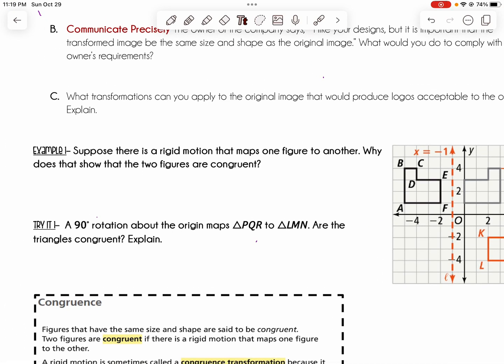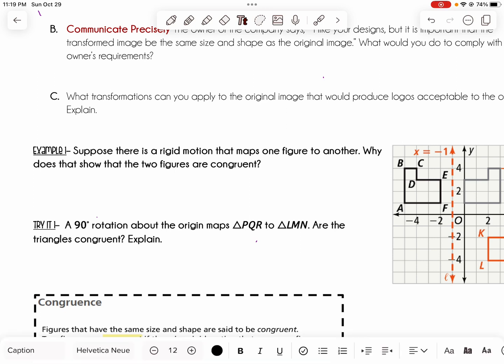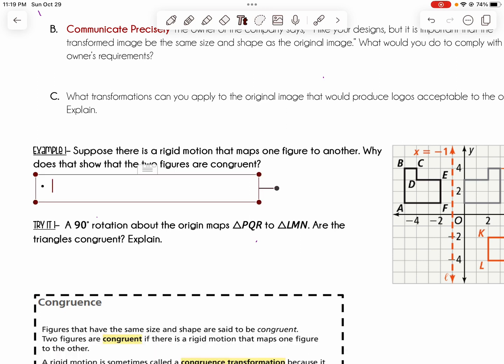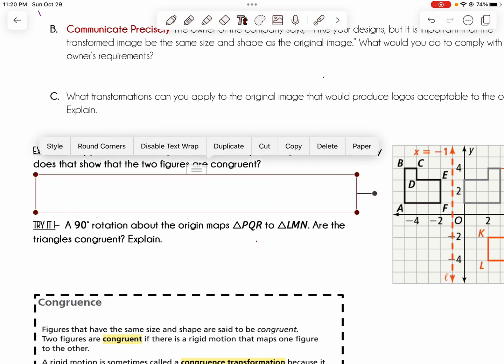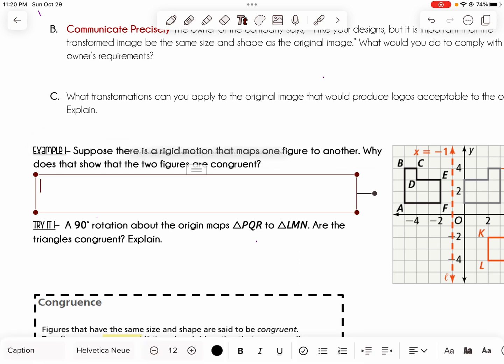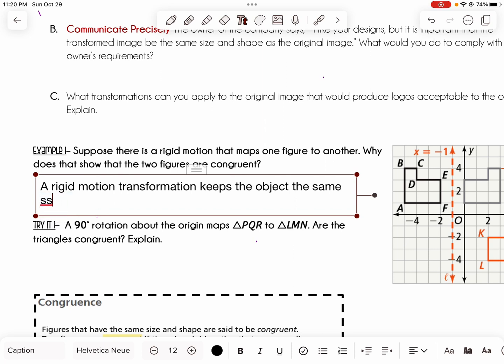there are two main things with this, and I've been getting used to typing, so I think I'm going to type here too. And there are two big deals with these transformations. A rigid motion transformation keeps the object the same shape and size.